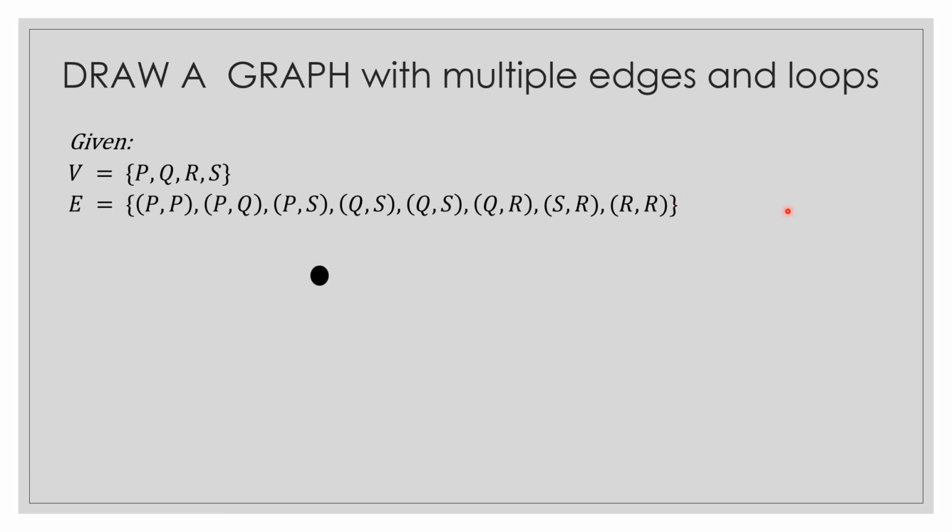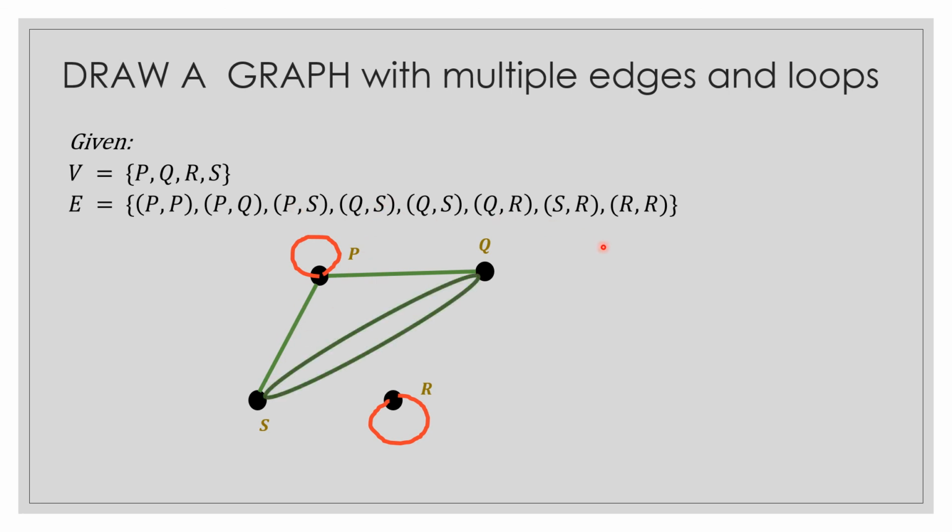So what you need to do is draw 4 dots, 4 vertices, and label them P, Q, R, S. Then you draw the loop at P and another loop at R. Then you join a line from vertex P to Q, and then another line from vertex P to S. Then QS, QS is a multiple edge, so you draw it like this.